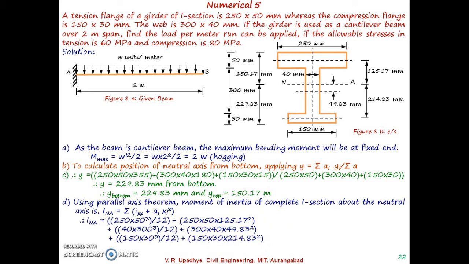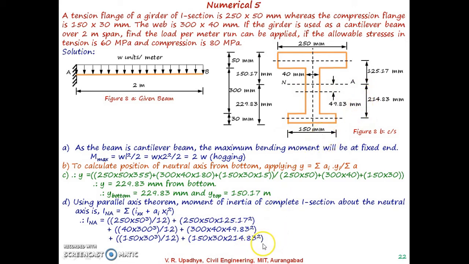Lastly, the moment of inertia of the bottom flange about the neutral axis is required to be calculated. Its own moment of inertia is BD cube by 12, that is 150 into 30 cube divided by 12, and its area 150 into 30 into the distance between its own centroid and the neutral axis, that is 214.83 and 214.83 square.